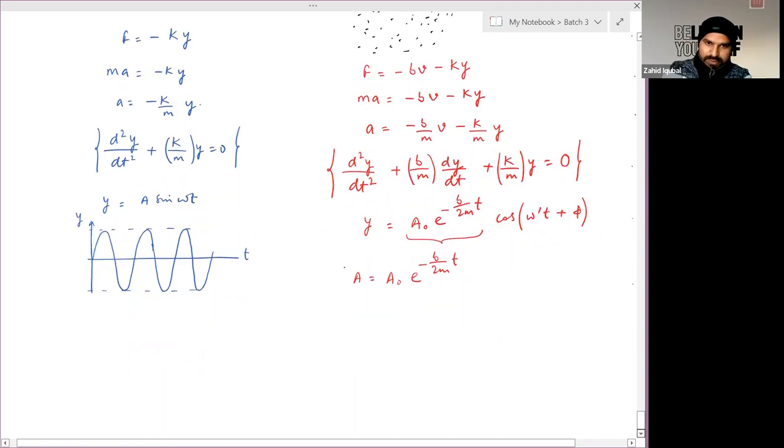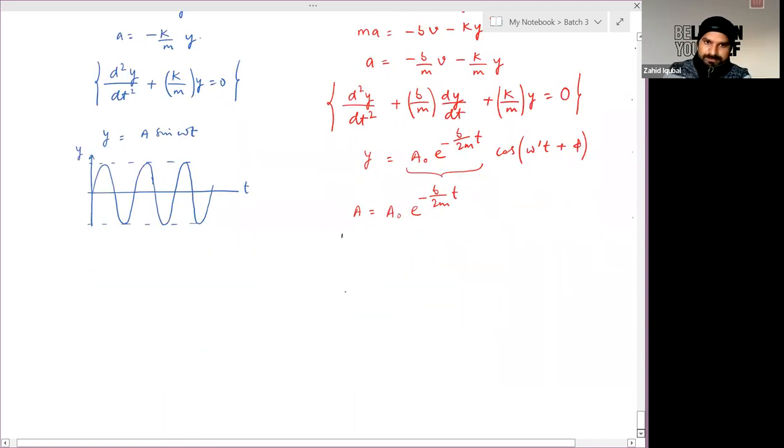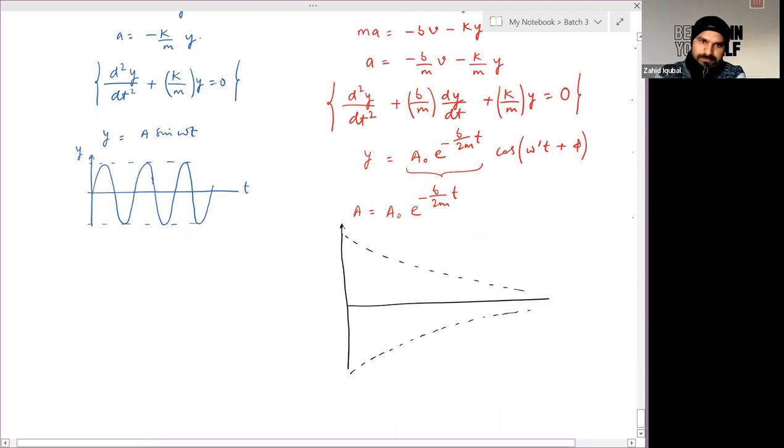So if you plot the variation of amplitude for this part, it will be like this.